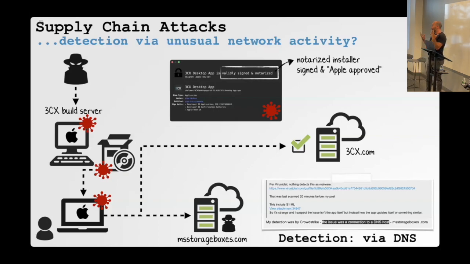So now anytime users of 3CX updated their software, even if they were going to the legitimate website, they would get a signed, notarized package application that looked good but would contain malware. So how are we supposed to detect this, right?